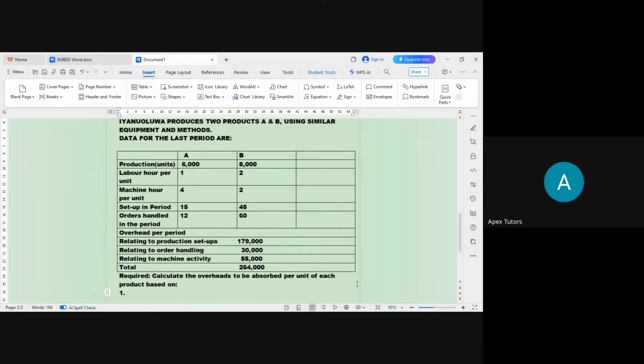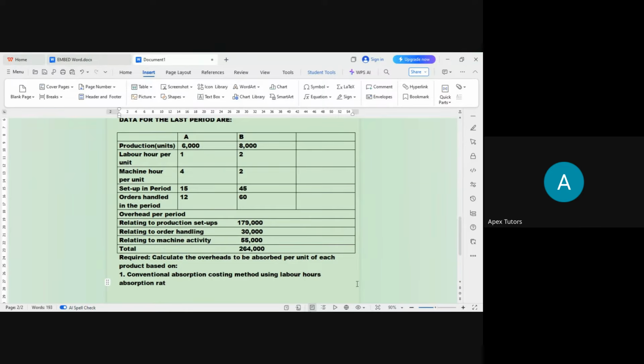One, the conventional absorption costing approach using labor hours absorption rates.